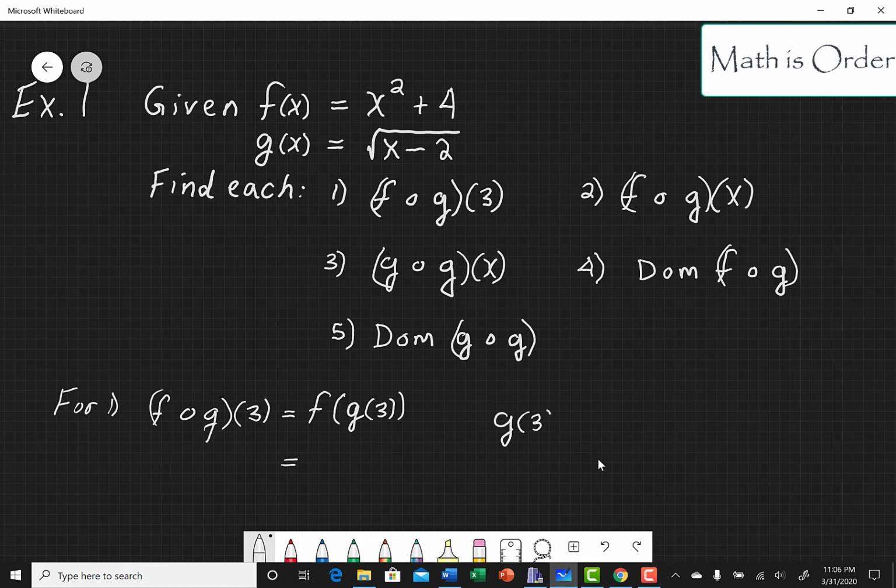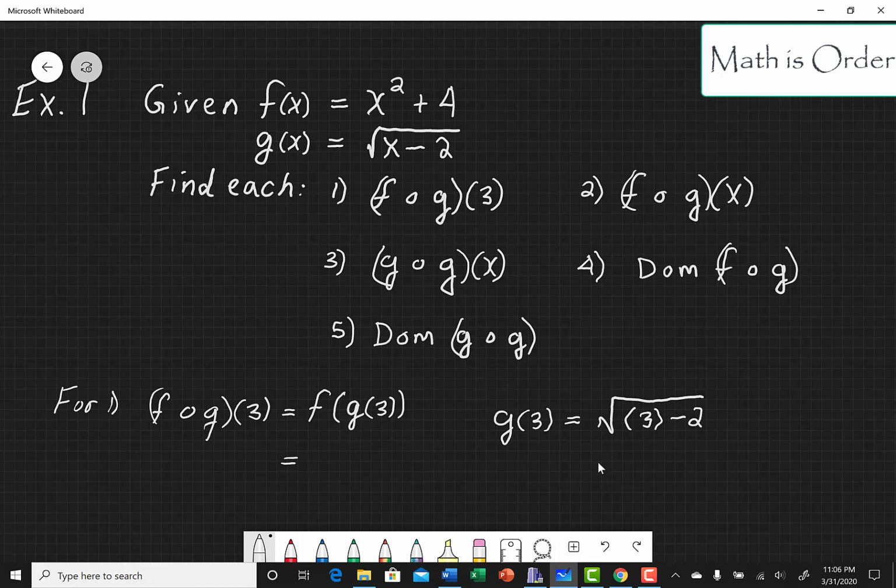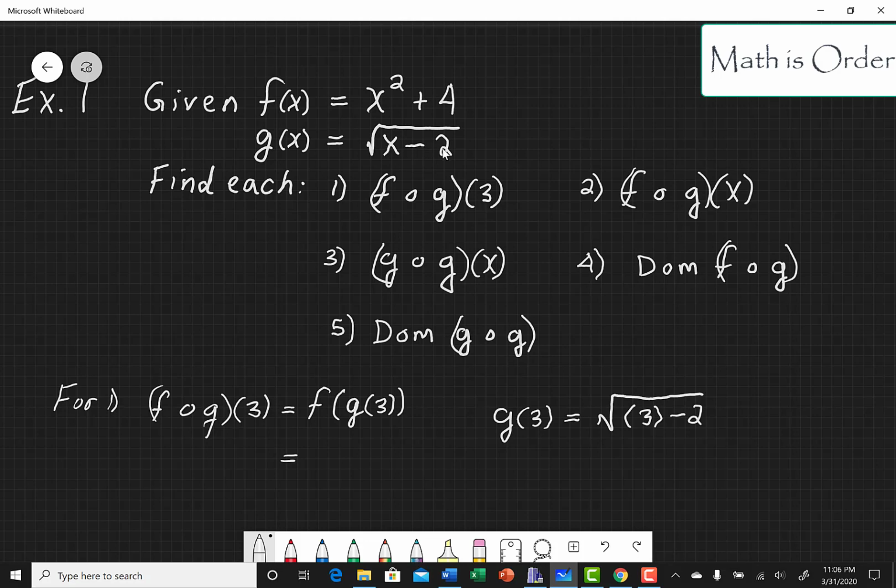Now, g of 3 means everywhere I see x in the function g, I'm going to replace x by 3. So here g was square root of x minus 2, and where I see x, I'm replacing that by 3. So we can see that this will become square root of 1. 3 minus 2 is 1, square root of 1 is 1.